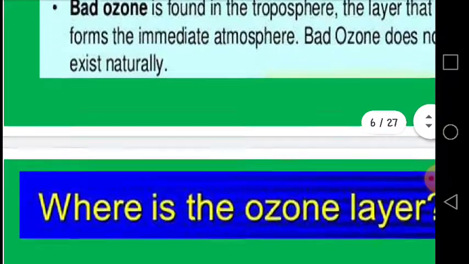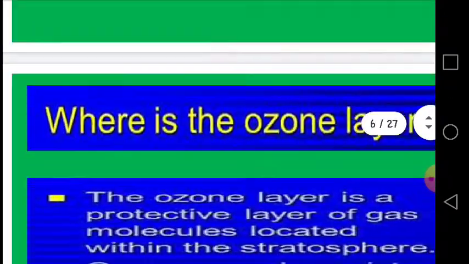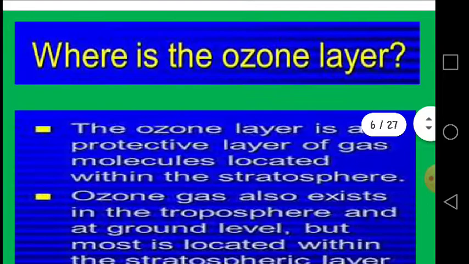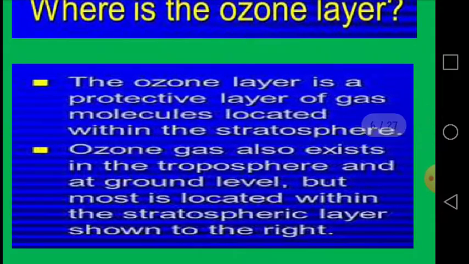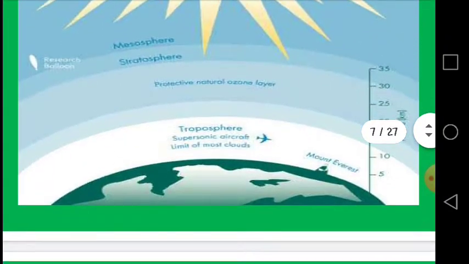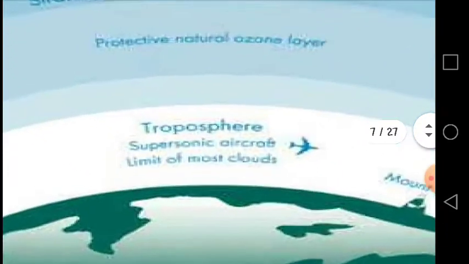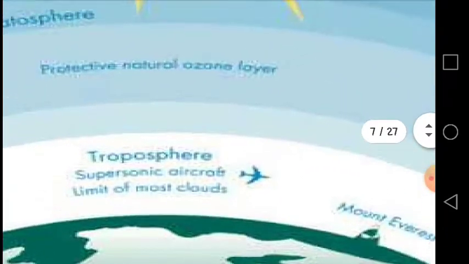Now we are focusing on the ozone layer, where it is found. The ozone layer is found, as I have discussed with you, within the stratosphere. Ozone also exists in the troposphere and at the ground level, but mostly it is located within the stratosphere, as this diagram is showing you. This is the earth's surface.